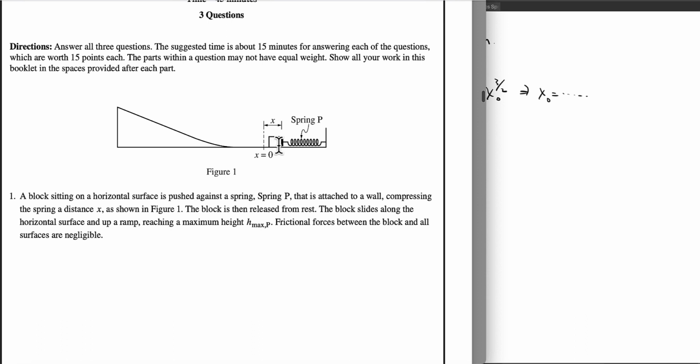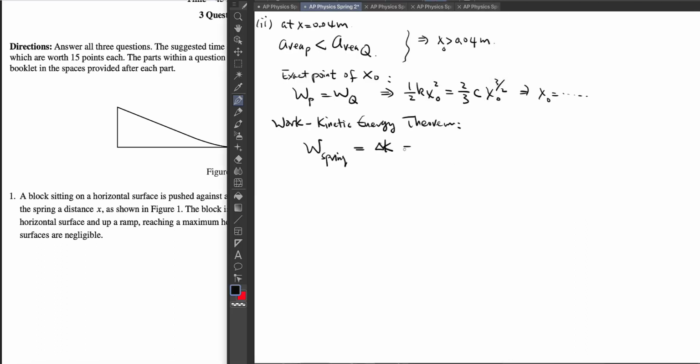The final kinetic energy of the block would be the block's kinetic energy at x equals 0, right at this position here. So let's write this down: it's K final minus K initial, and it's simply K final, because K initial is 0. It's at rest.